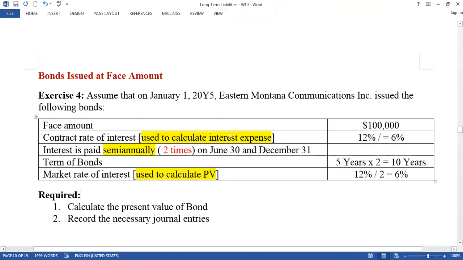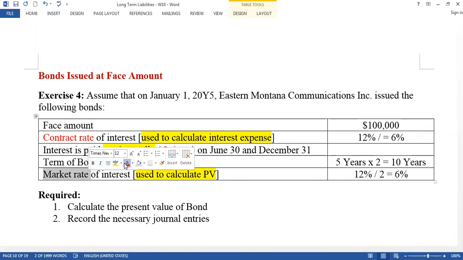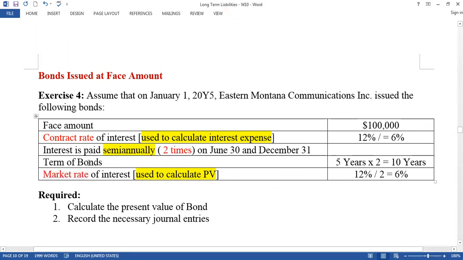We have 2 interest rates: one is the contractual interest rate, and another is the market rate. We use the contractual interest rate to calculate the interest expense.